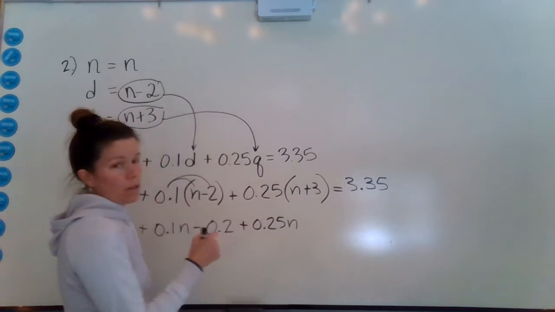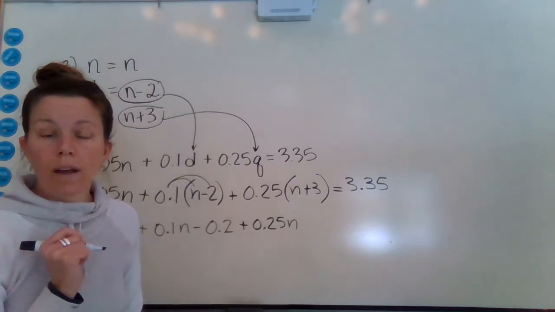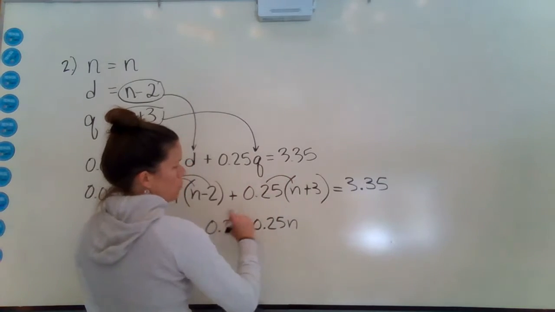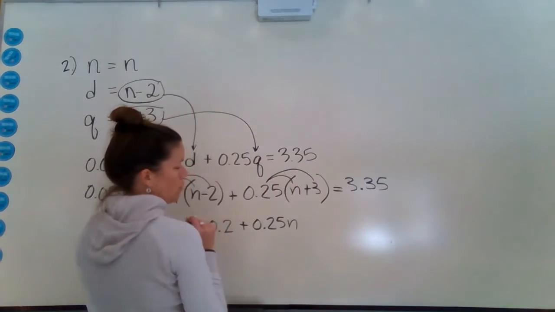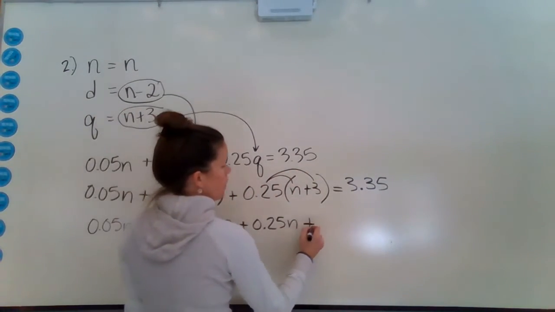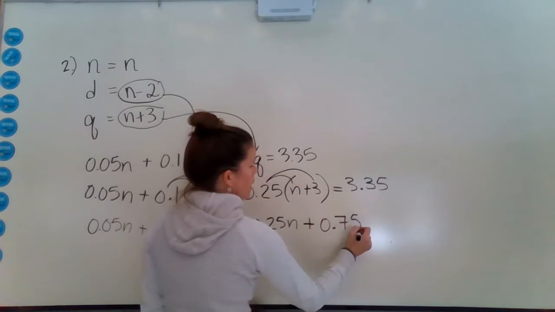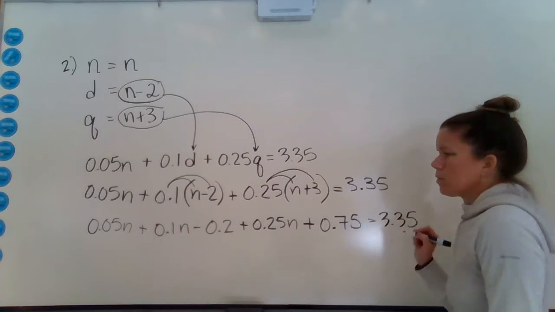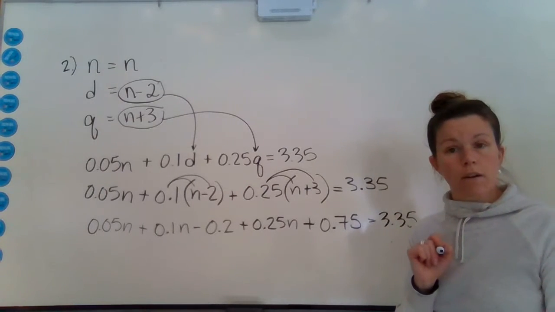Notice I always put my zeros in there to show my decimal point really clearly. Now I need to distribute to the 3, so plus 0.75 equals 3.35.